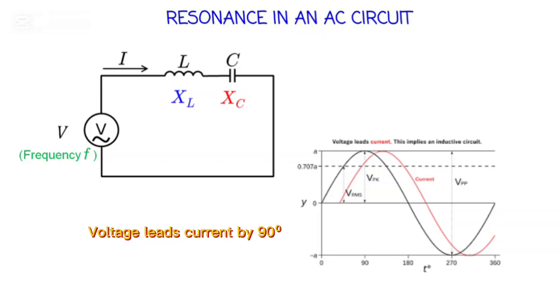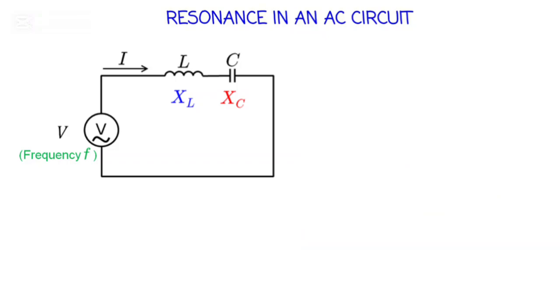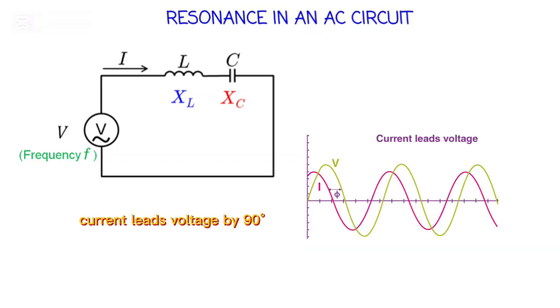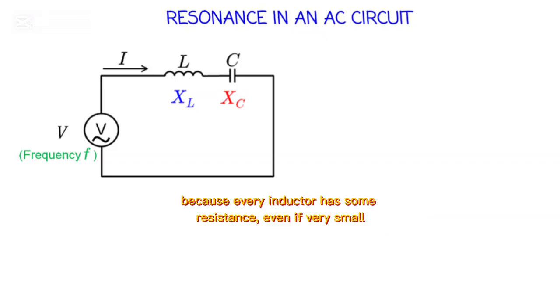Voltage leads current by 90 degrees. When capacitive reactance is bigger, it behaves like a capacitor. Current leads voltage by 90 degrees. In practice, this case does not truly exist because every inductor has some resistance, even if it's very small.